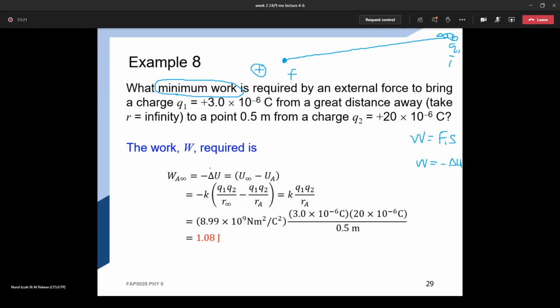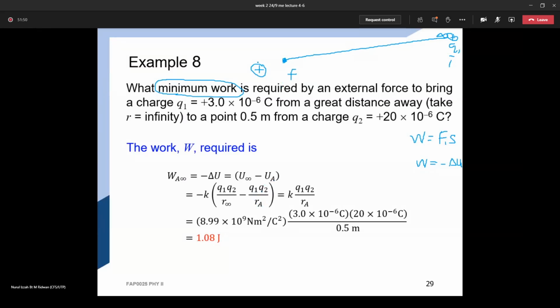Final minus initial, but final position is here 0.5 near to the charge, and then initial position is from the infinity. So you just plug in the number. You will have negative K Q1 Q2 over R infinity, and then minus Q1 Q2 over the distance from the second charge.